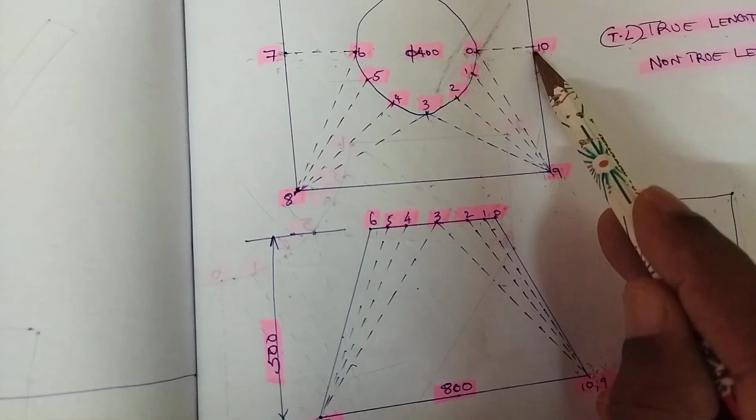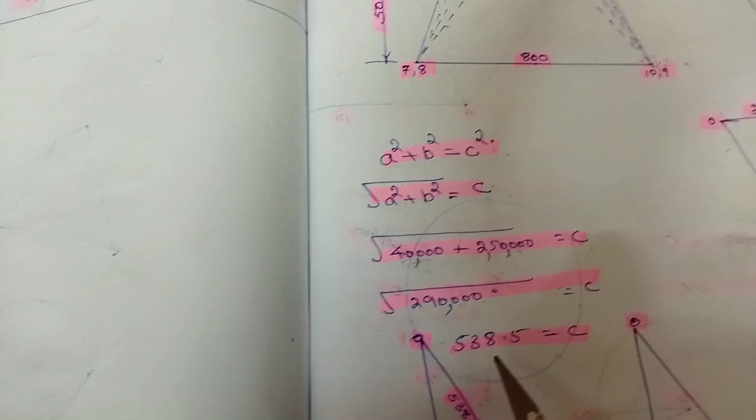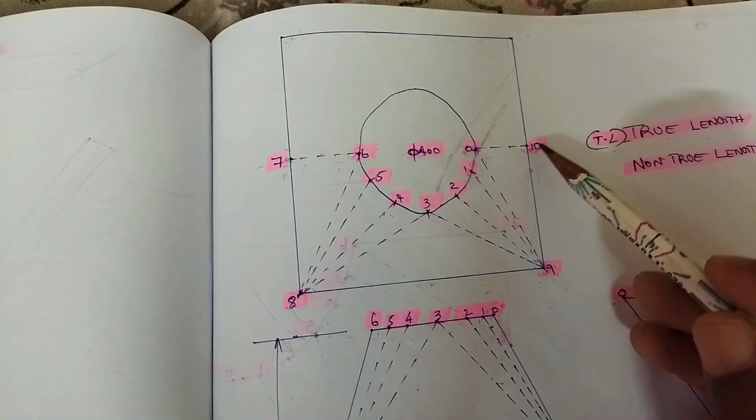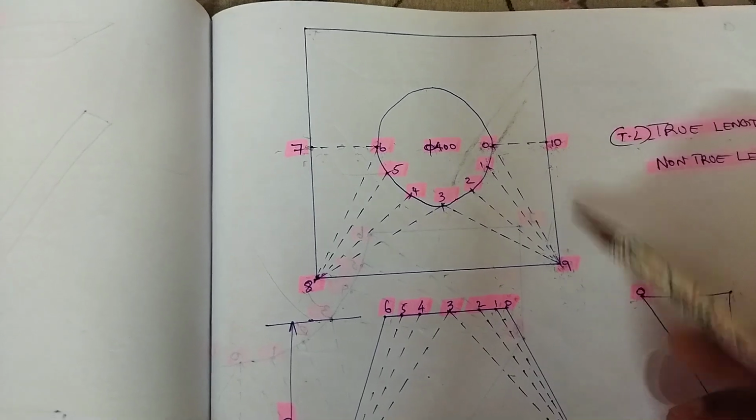We have already got this true length. What is this true length? 538.5. This is a true length because it is at ground level.